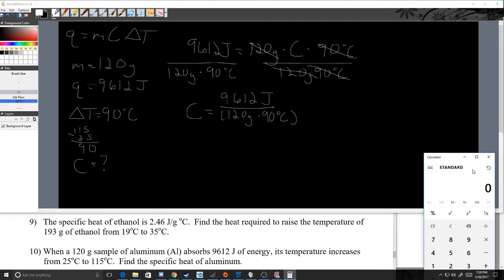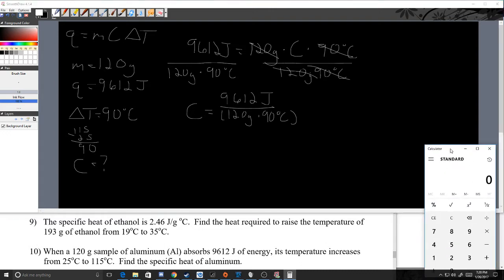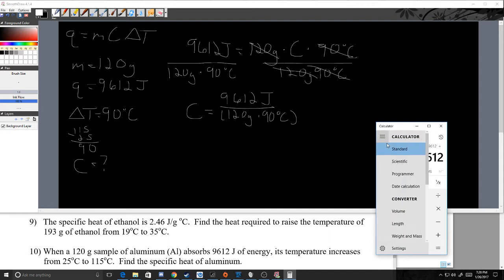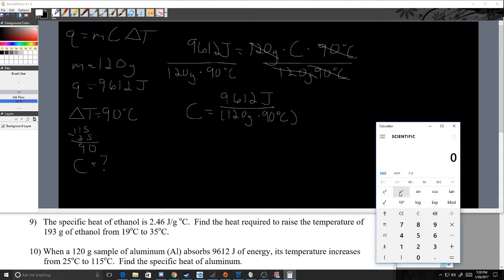All right, so in this case, cleared that out. So we said we have 9,612 divided by, I'm going to start over. All right, so let's go 9612 divided by parentheses 120 times 90, closing parentheses, equals 0.89.